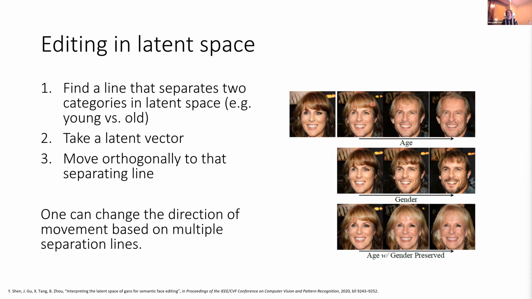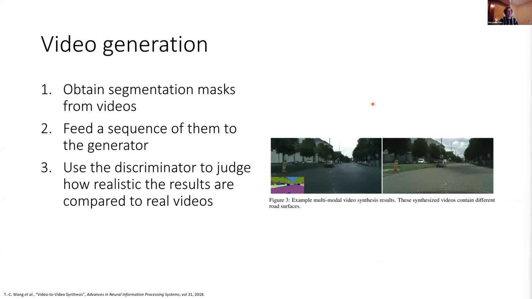Note that you need to know in advance what, for example, an old versus a young person looks like to actually do this, but it's really cool, and it's widely used in many popular apps, like I think it was FaceApp a few years ago, that I'm not sure if it used this particular technology, but used similar ideas, where you would make somebody look older, or make somebody look more male, or whatever. And this could be one of the techniques to do that.